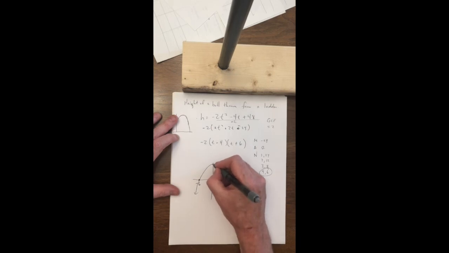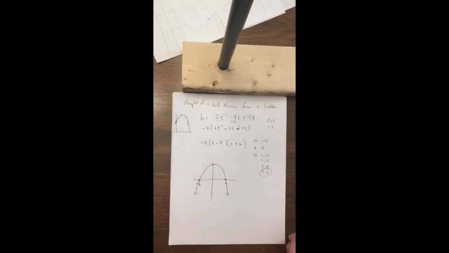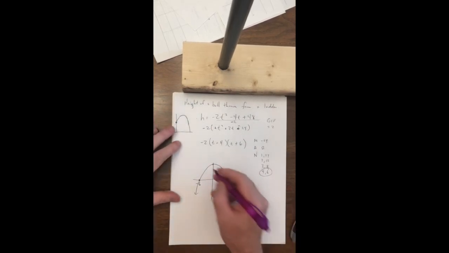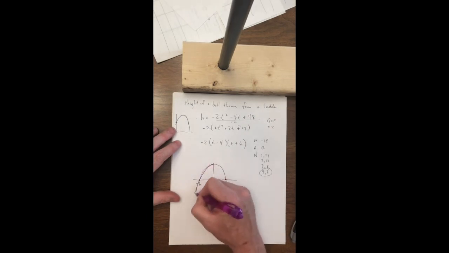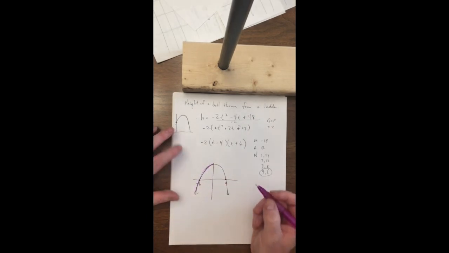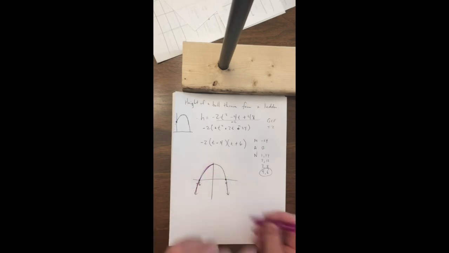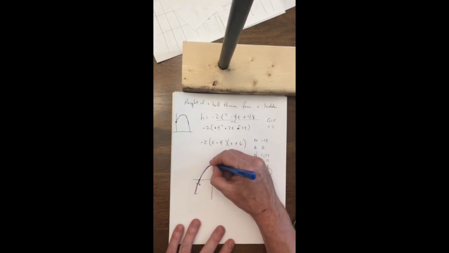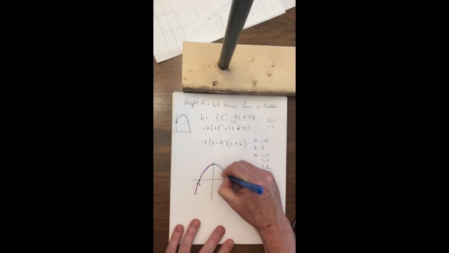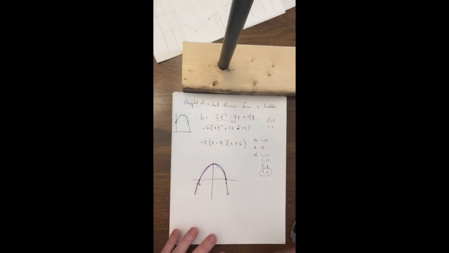We know that it was thrown from the top of a ladder. And obviously in real life, this part doesn't exist as the ball being thrown. It's just right here. The actual ball's path from the ladder to the ground is this blue part, but mathematically we do have a full parabola.